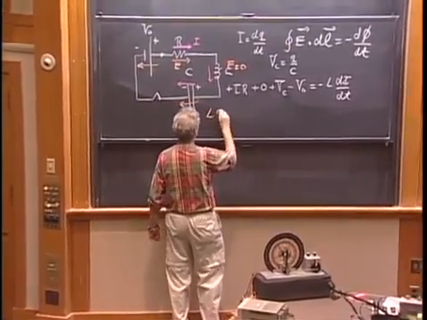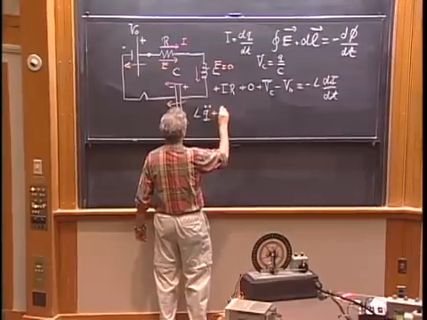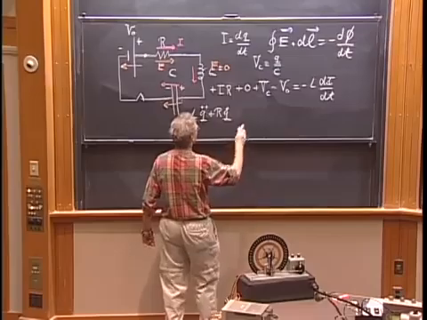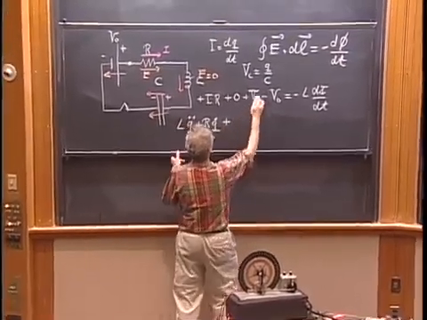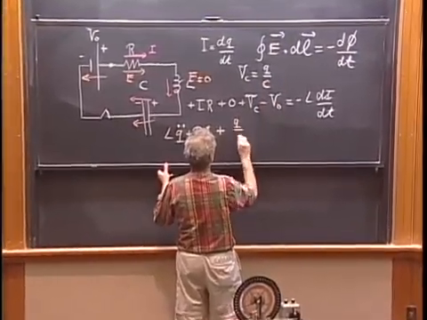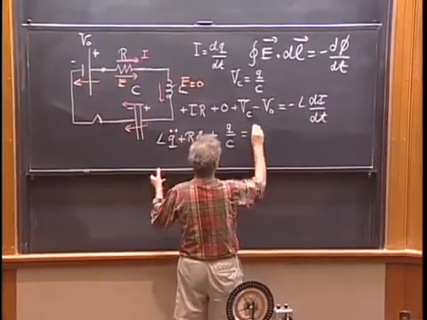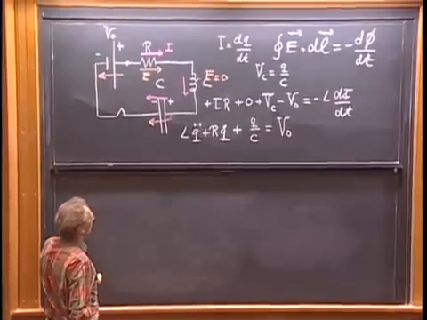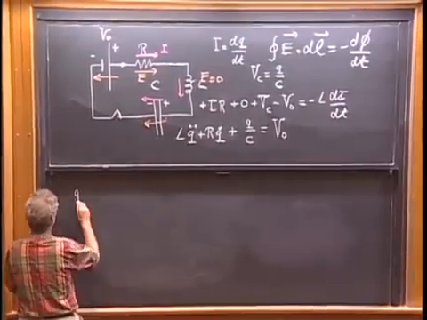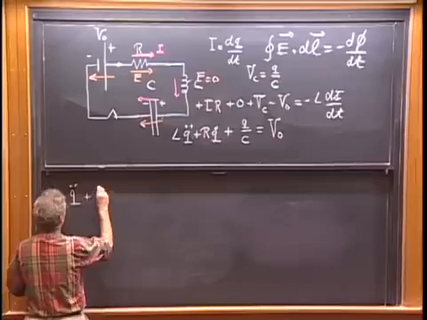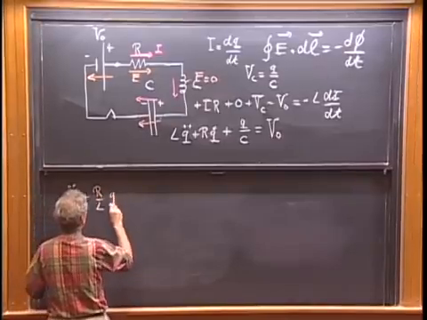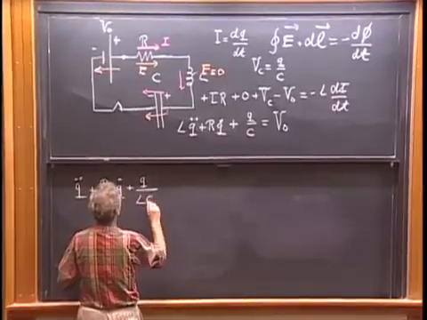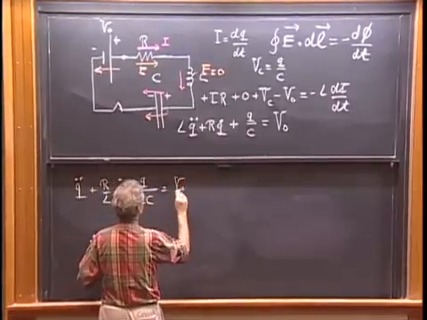So I get L times Q double dot plus R times Q dot, because I is Q dot, plus V_C, which is Q divided by C, and that now equals V0. I'm going to divide by L, and so I get Q double dot plus R over L times Q dot plus Q over LC equals V0 divided by L.